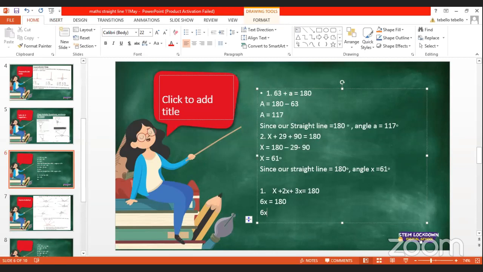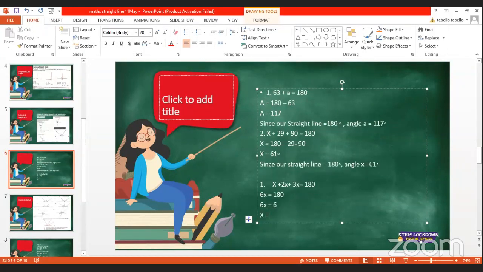The 6x will cancel with the 6, and we'll have our x, which is 30. So our x equals 30 degrees.